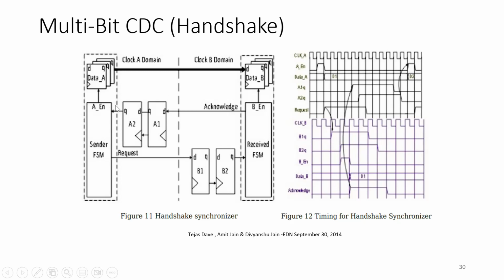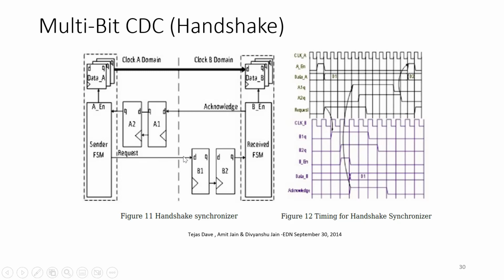First of all, this is my enable. When it goes high for 1 clock cycle, it permits the data to be available on the bus. And if I have the data available on this bus, I next send a request to the receiving end.